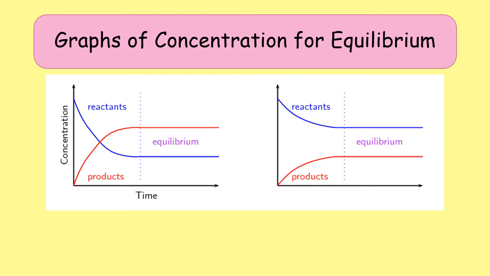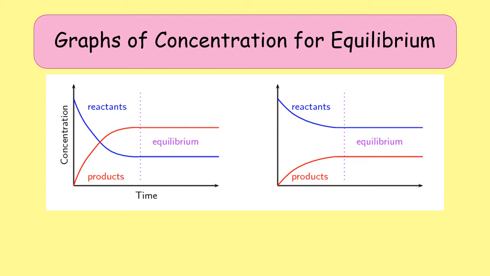And we can use graphs to represent equilibrium. So we have two different reactions, and you can see on both of these graphs, we've got a line representing the concentration of reactants in blue and a line representing the concentration of products in red.